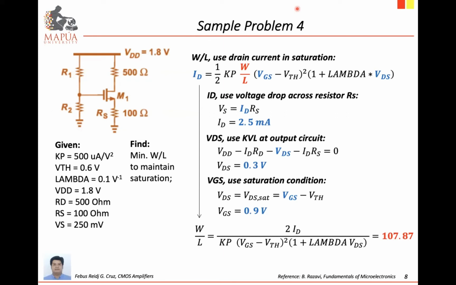Pag mas bumaba ka doon, lalabas ka na, mapupunta ka na sa linear region. Since we are referring to the minimum drain current, and from the equation, the W over L is directly proportional to ID, if you are finding the minimum ID, you also need the minimum W over L. So hindi ipapahanap sa atin yung maximum.